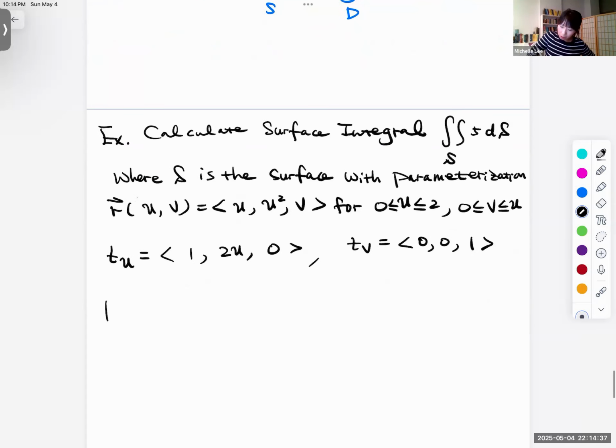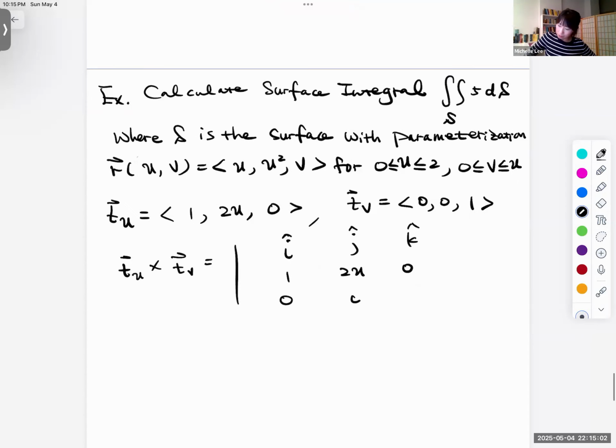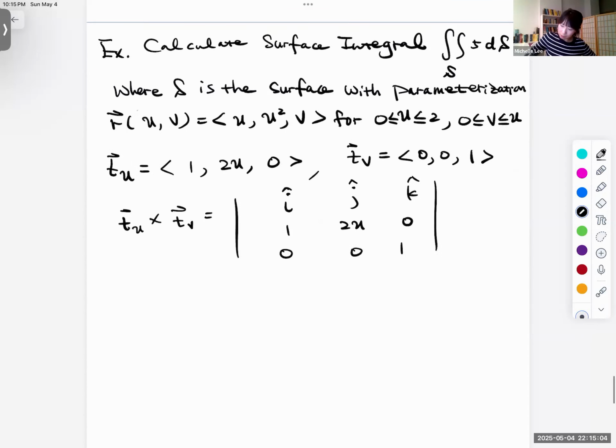Now the magnitude. Basically this is the vector, but I did not do the cross product yet, so cross product first. With i, j, k, we have a lot of zeros, which is good, and 0, 0, 1.